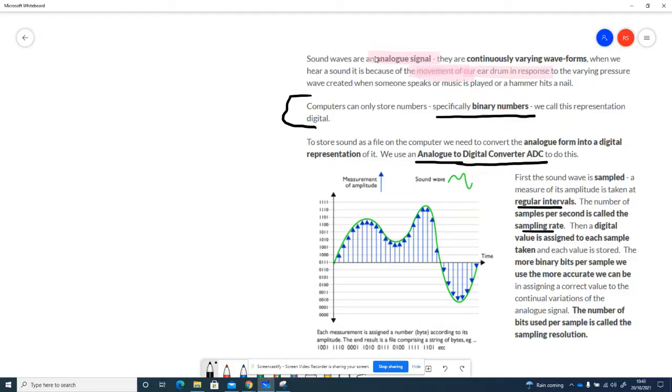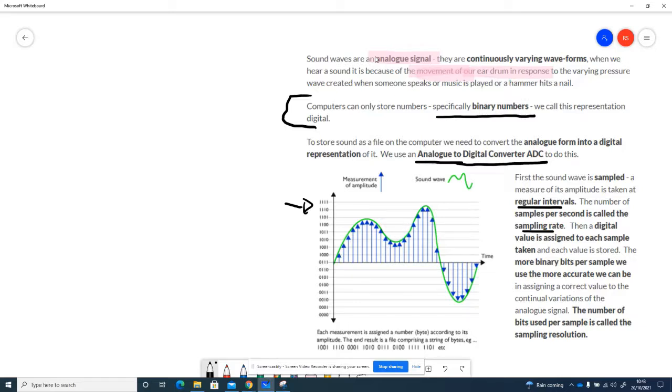So we generally sample a lot of times per second, and you'll see in a short time how many of those that we do use, but normally it's several thousand samples per second. And then we assign a digital value to each sample. So you can see on this side that I've got 4 bits that I'm using to represent each sample.